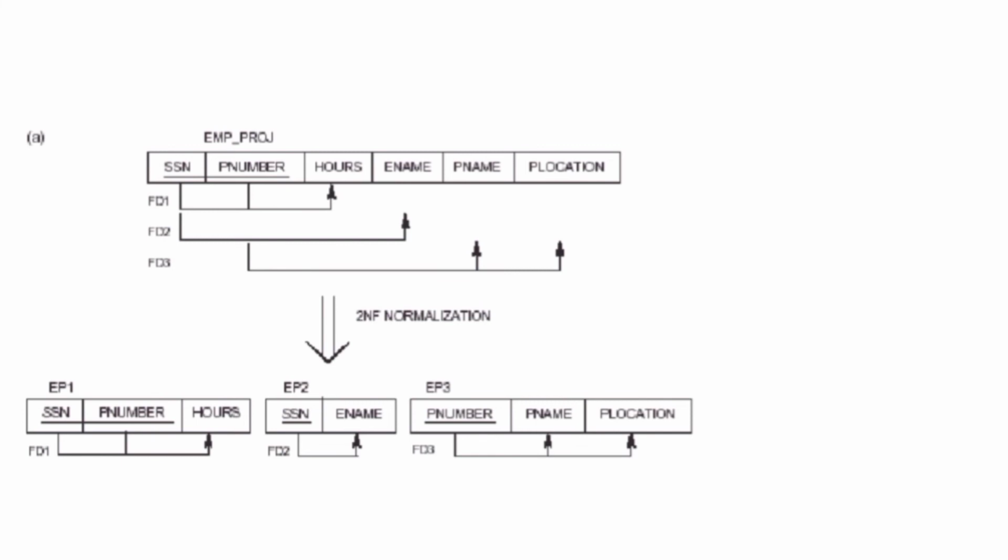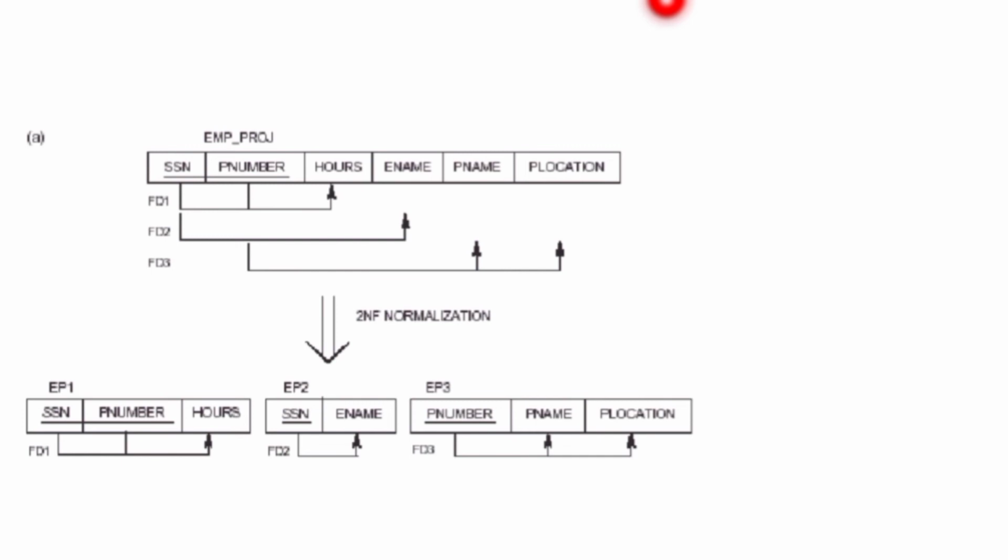Now what is the second condition? The second condition is every non-key attribute should be fully functionally dependent on the key attribute, that is the primary key. Yes, every condition holds good here, because hours, a non-primary key, is fully functionally dependent on SSN and P number, that is the primary key. E name is a non-primary key, fully functionally dependent on SSN.